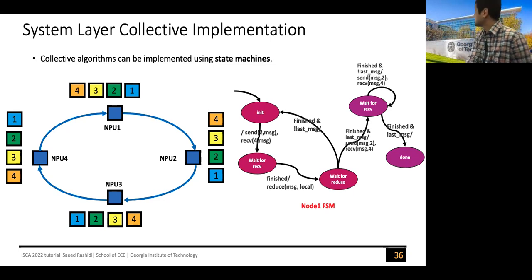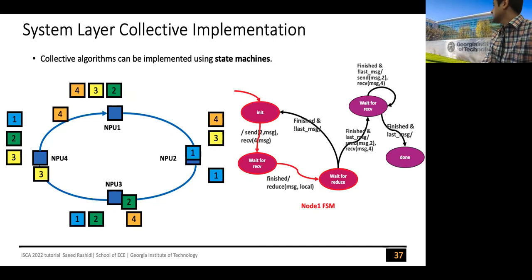And here I just want to show you how, for example, a simple ring-based all-reduce collective can be captured using this simple state machine. So you start from the init, and in the reduce-scatter phase, you just transition across these states.